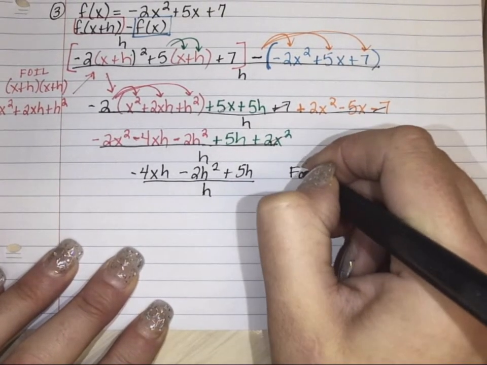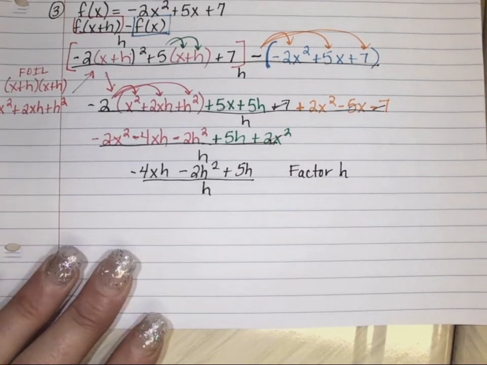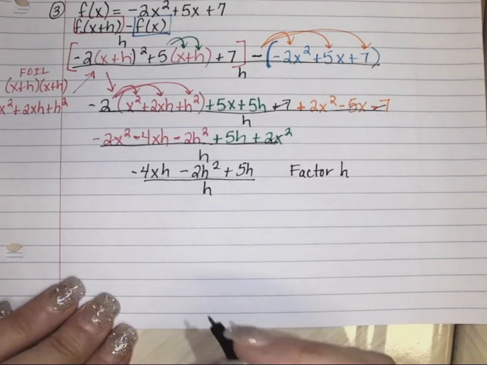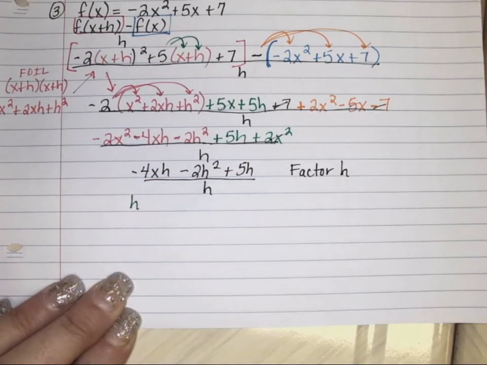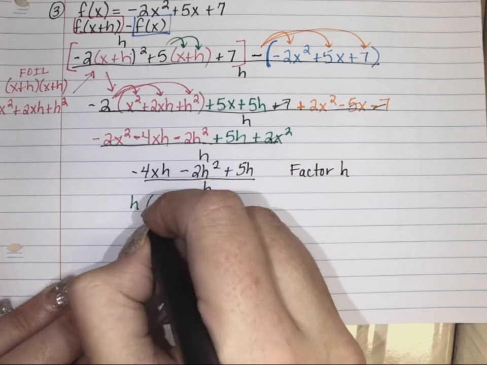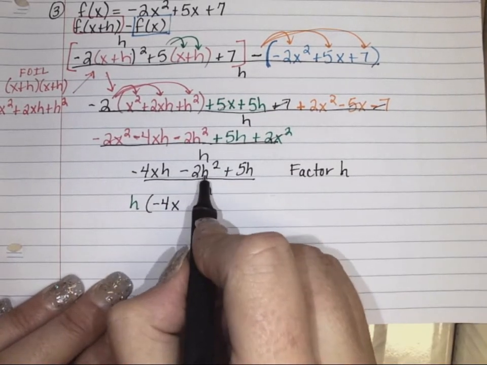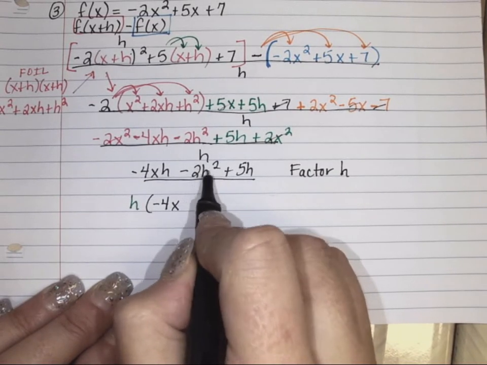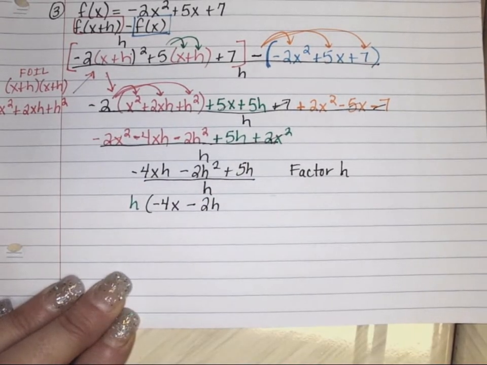You need to factor out the h that all 3 terms have on top. So let's factor that out. And then we're going to be left with negative 4x. When I factor out an h from this term, minus 2h.